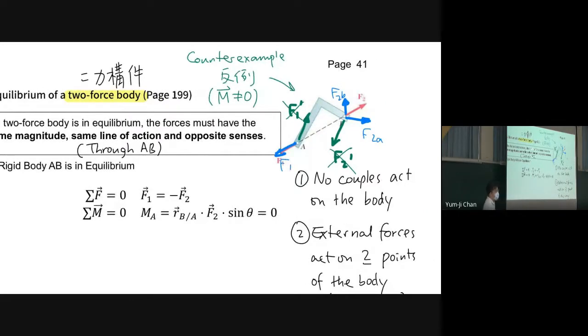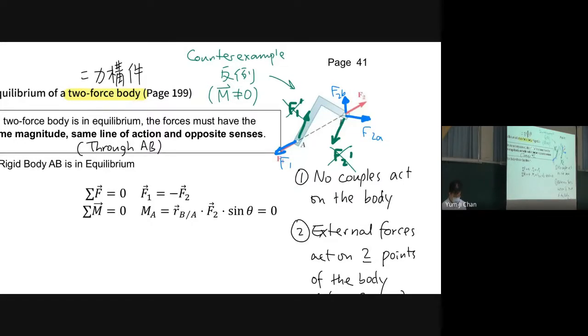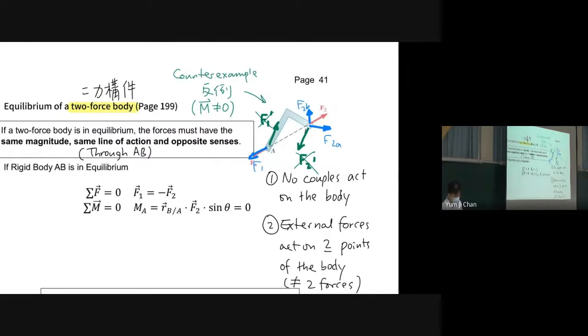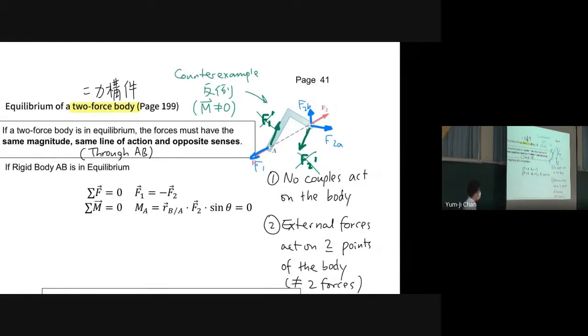Okay, so this is a two force body. Now, take your time to write it down.